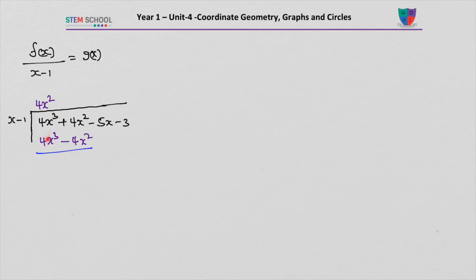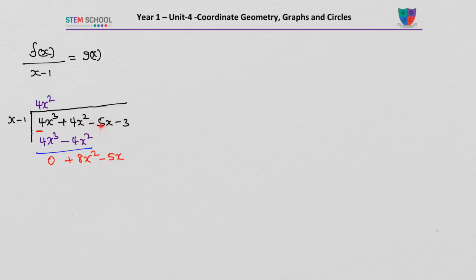In order to get rid of the x cubed, I need to take away. 4x cubed minus 4x cubed will be 0. Then 4x squared minus minus 4x squared is plus, so that would be 8x squared.